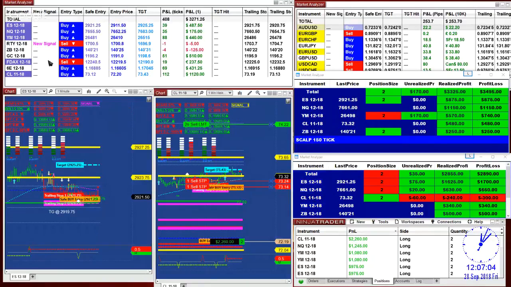We have a new signal on the Russell. Entry price 1700. Target 96.9. This is a new signal on the Russell.